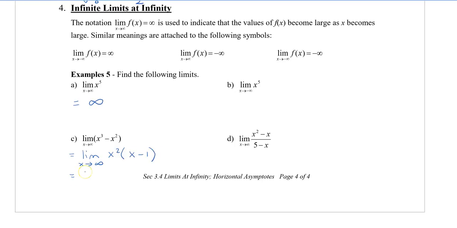So really what I have is infinity plugged into here, so infinity squared, which is a very large number, and then I have infinity minus 1, which is still a very large number because I'm just subtracting 1. So here I have a very large number times a very large number, therefore I should still have a very large number. So I should have infinity.